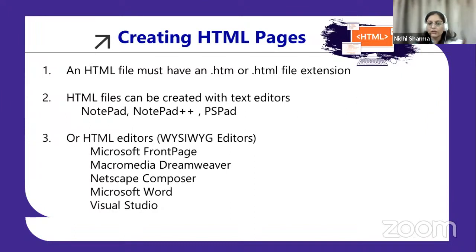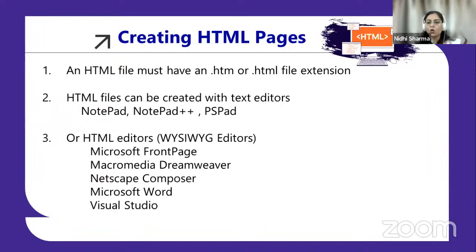Now, how do we create HTML pages? So for creating HTML pages, we can use any editor. A simple Notepad will also work. There are various editors that can be used. We can use Notepad, we can use Notepad++, we can use PSPad. So any text editor can be used to create an HTML page. Or we can also use HTML editors, WYSIWYG.